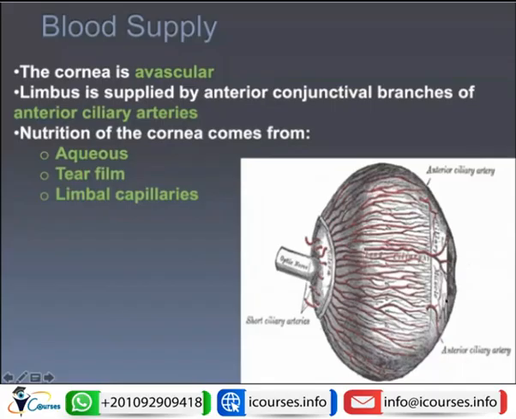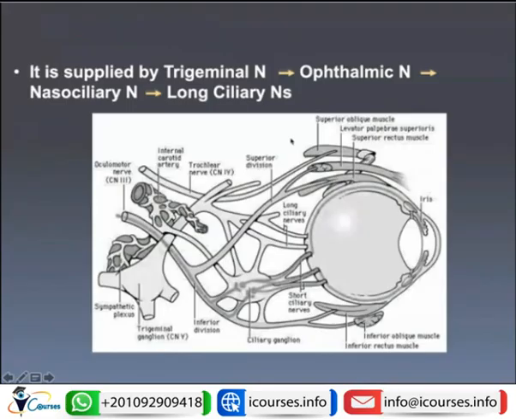They give conjunctival branches that supply the limbus, and this is what is responsible for the circumlimbal ciliary injection. So if the cornea is avascular, how can it acquire its nutrition? It acquires nutrition from the aqueous behind it, from the tear film in front of it, and from the limbal capillaries outside it.